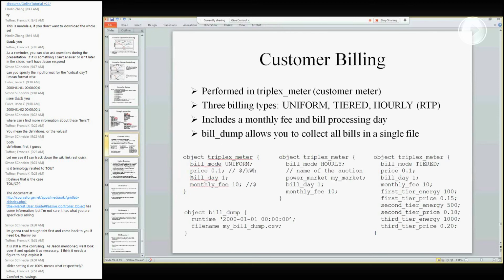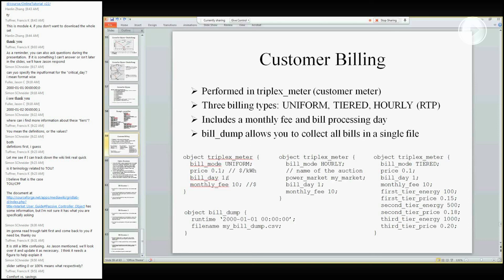In this case, this is always done at 3 a.m. on that day. This meter, which is where this information is embedded, is inside the triplex meter. We cover this in the market module because a lot of this information will come from the market module. But effectively, this is the triplex meter that your house might attach to, and is supposed to represent your billing meter.